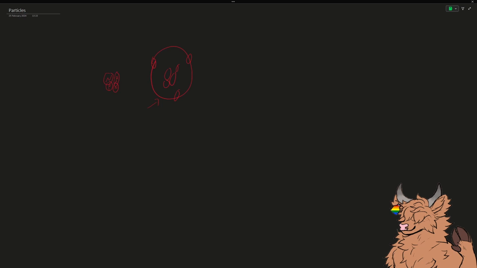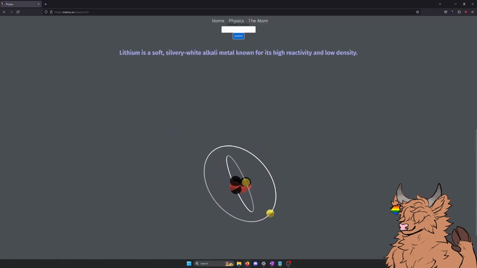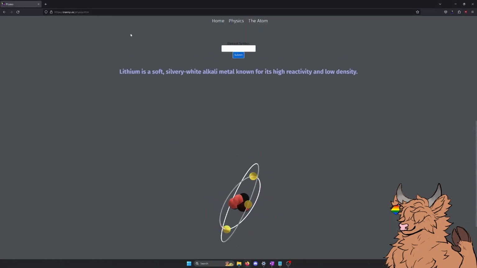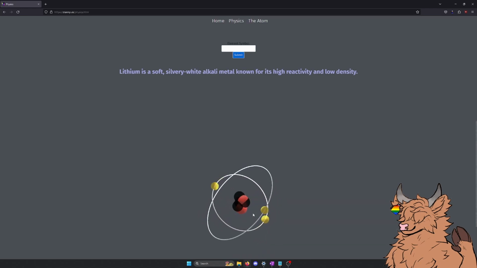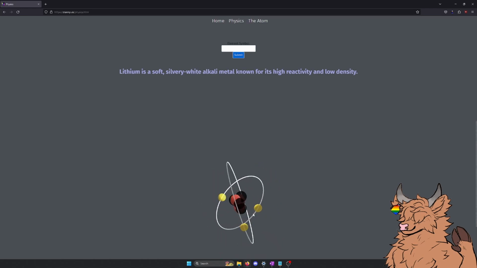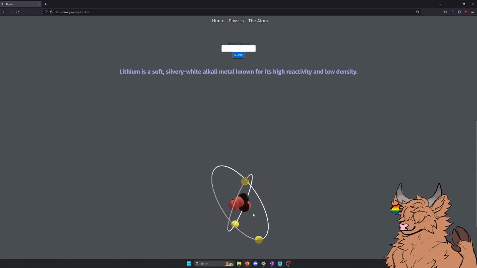And this is my website here, cranny.uk, and here, if you can see, is a lithium atom with the red bits. I made this website over about 9 months ago, so I've forgotten which I put as the neutron and which one I put as the proton.